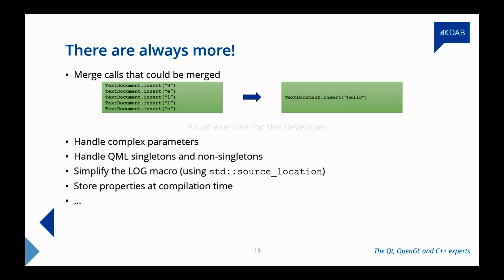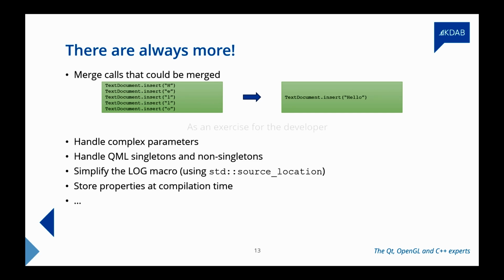So here, my text document is the QML singleton. But imagine that you have a text editor with multiple documents open. You can't use a singleton anymore. Simplify the log macro, store properties at compile time, etc. There are a lot of things that you can do.